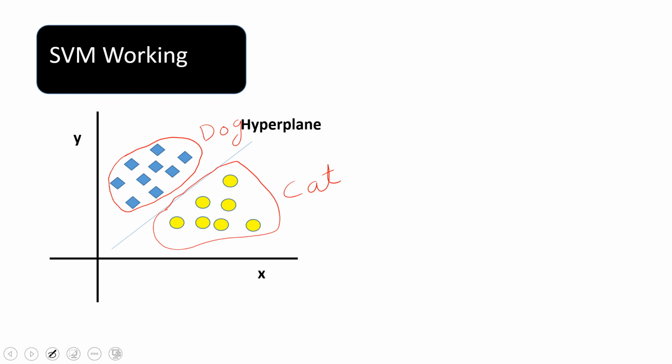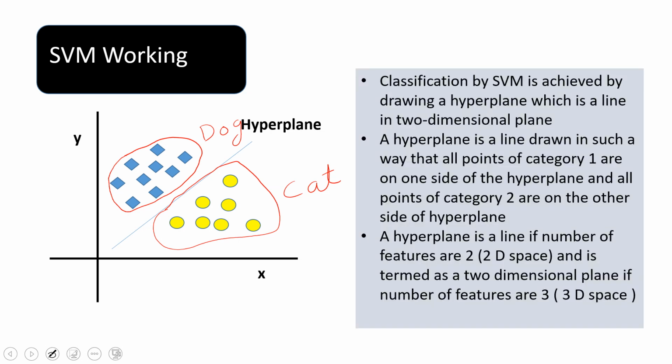Now, moving further, classification by SVM is achieved by drawing a hyperplane, which is a line in a 2D plane. A hyperplane is a line drawn in such a way that all points of category 1 are on one side and those of category 2 are on the other side of the hyperplane. A hyperplane is a line if the number of features is 2, which is 2D space.